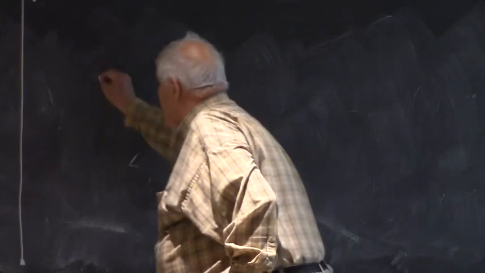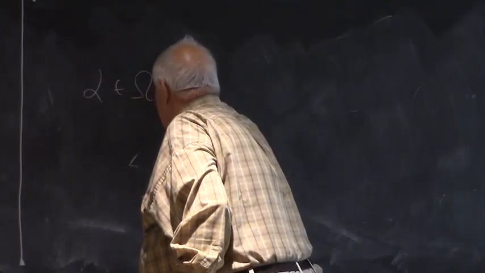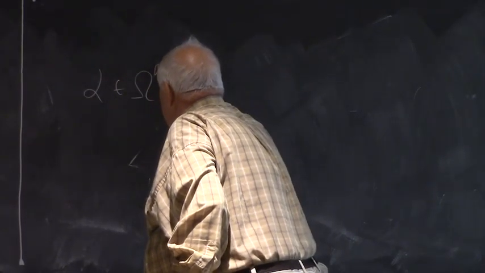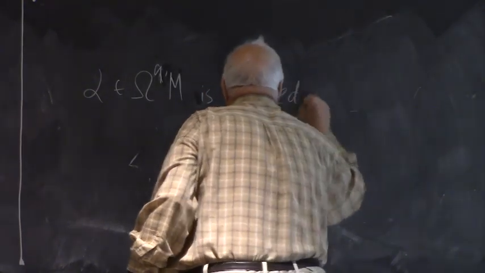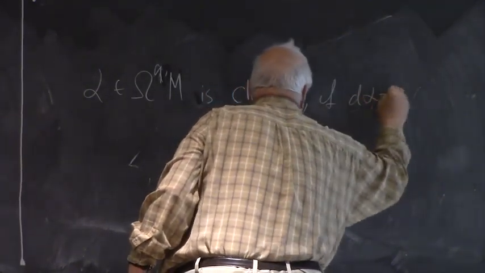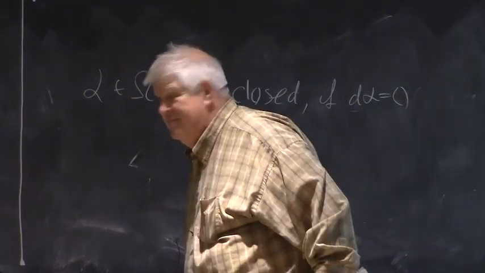A form alpha in omega q of M is called closed if d alpha is 0.